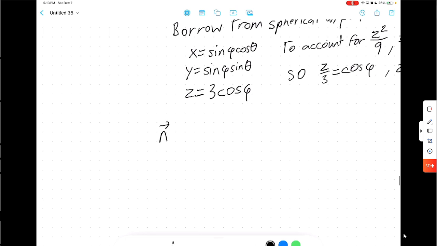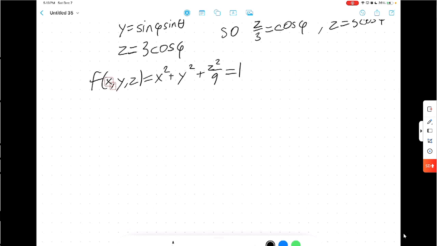And the unit normal is just going to be, again, we have effectively just another level surface. So x squared plus y squared plus z squared over 9 is equal to 1.